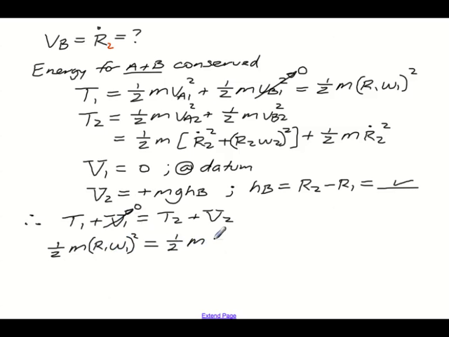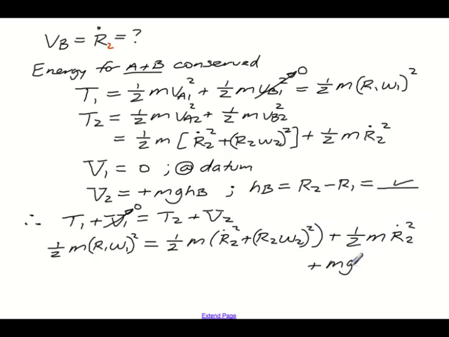For A, T2 is 1/2 m (r2 dot squared plus r2 omega 2 squared). And for B, it was 1/2 mv squared, and v was equal to just r2 dot squared. Potential is mg (r2 minus r1).